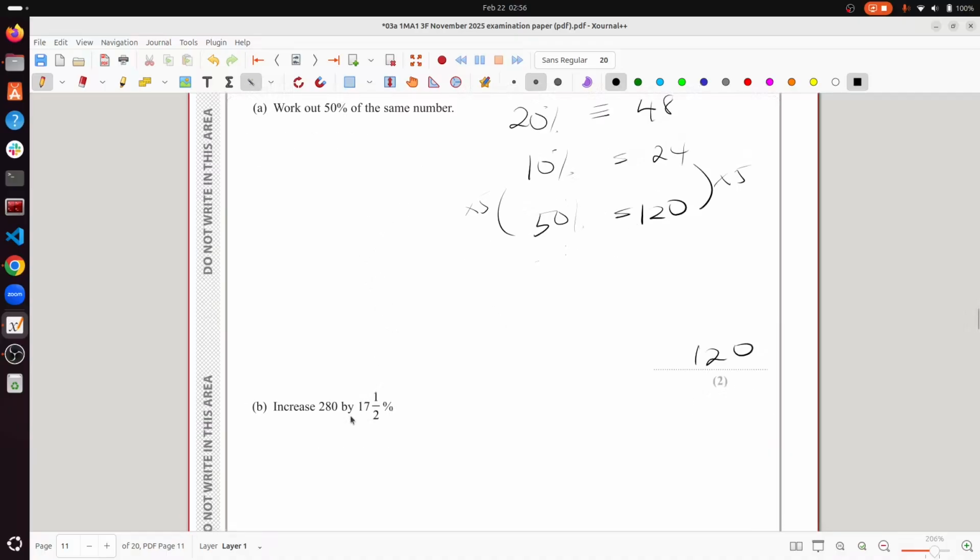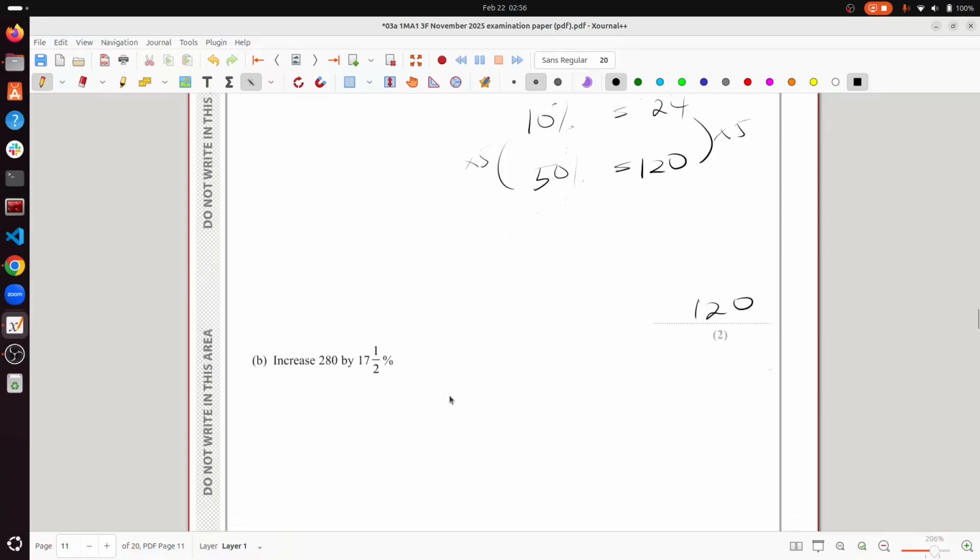Number 14 also says increase 280 by 17.5%. Now, I always advise my students, whenever they are doing an increase or a decrease on a calculator paper, always find your multiplier. It's much easier, and use your calculator. Since we're looking for an increase by 17.5%, that is the same thing as 100 plus 17.5, which is 117.5%.